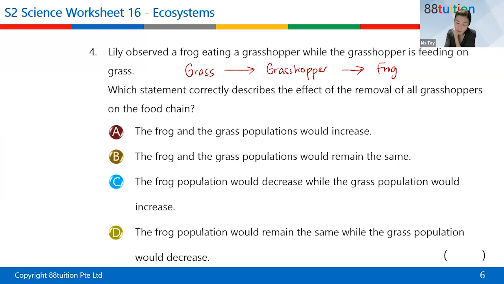Quite obvious, right? What's going to happen to the number of frogs? The frogs depend on the grasshopper for food, so the frog population will decrease. So what happens to the grass? The grass will then increase in terms of population. Any question here? No.